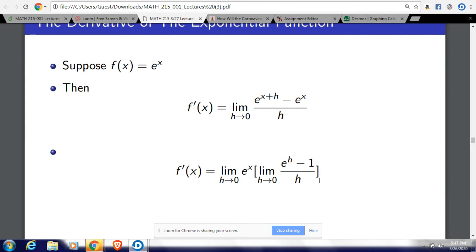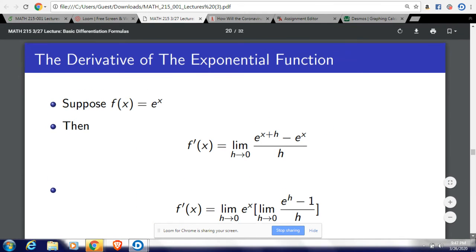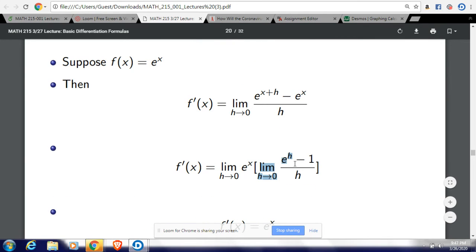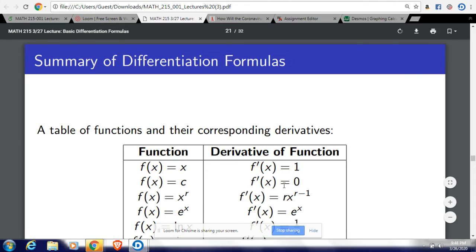And it's actually the same as the limit as h goes to 0 of e to the x times the limit as h goes to 0 of e to the h minus 1 over h. It turns out, because this limit here is 1, this whole limit becomes e to the x. So we find the derivative of e to the x is itself.